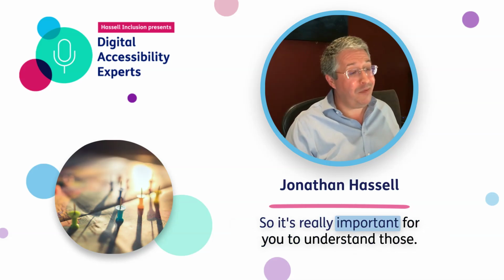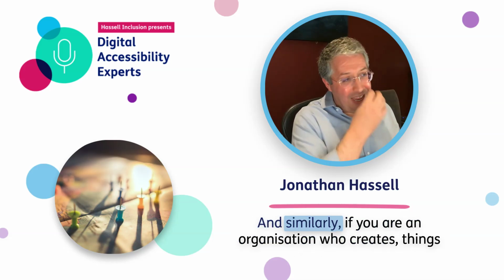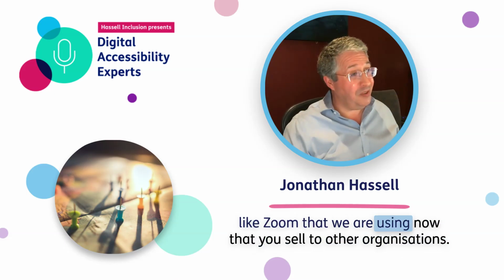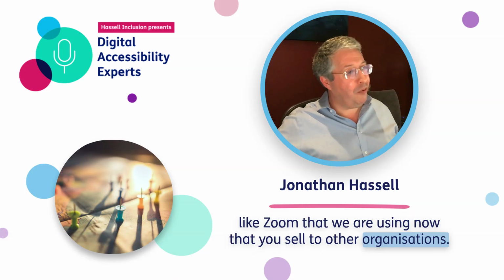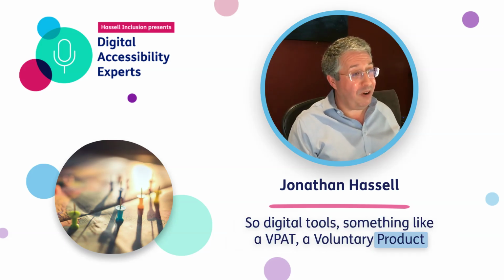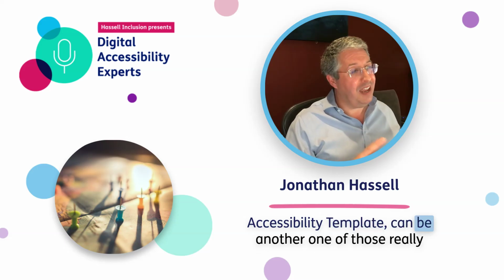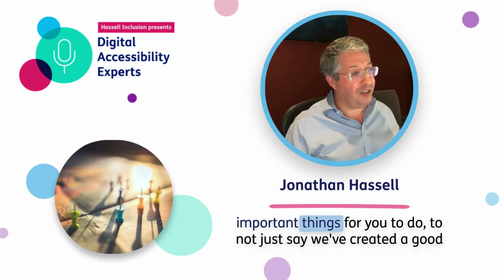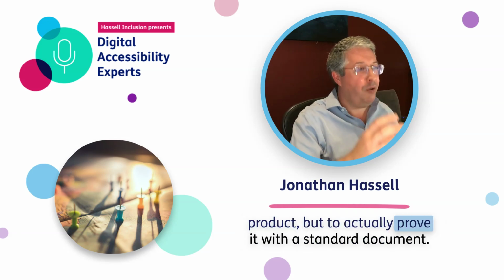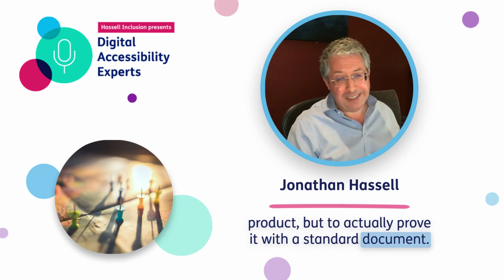So it's really important for you to understand those. And similarly, if you are an organization who creates things like Zoom that we're using now that you sell to other organizations, so digital tools, something like a VPAT, a voluntary product accessibility template, can be another one of those really important things for you to do. So not just say we've created a good product, but actually prove it with a standard document.